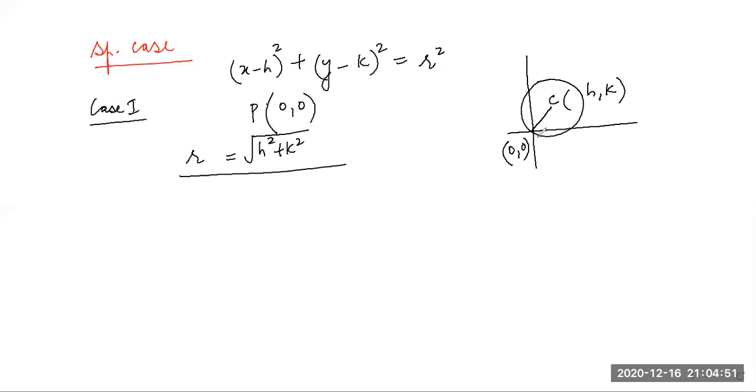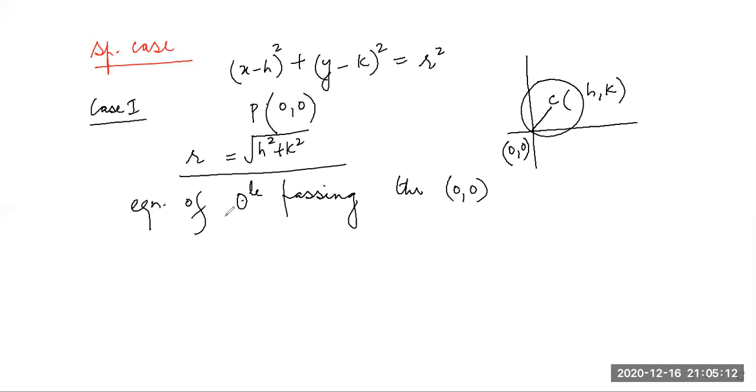So the equation of a circle passing through the origin. Don't mistake it as the center being at the origin. The center is at (h, k).